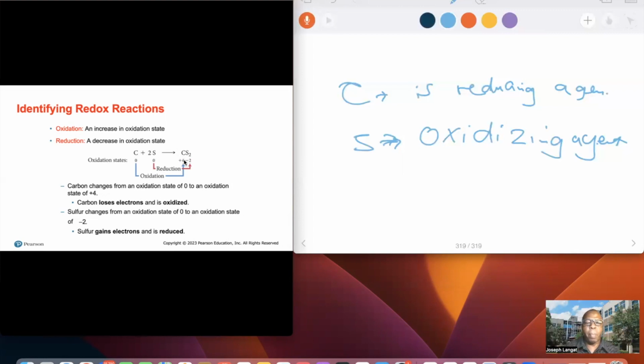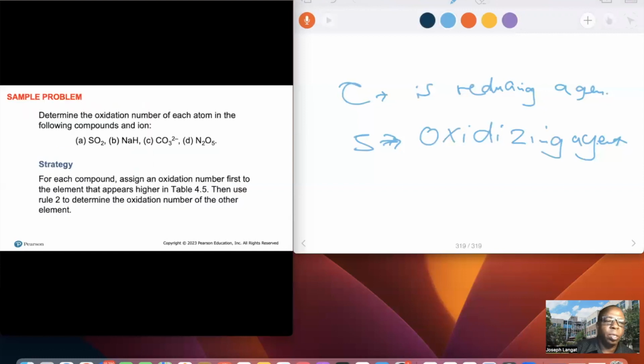It has become positive, which means we are less by electron. Oxidizing agent means it's making the other species lose electron. It oxidizes. Sulfur oxidizes carbon. Carbon reduces sulfur and so forth. So that's how you look at the oxidizing agent, reducing agent.